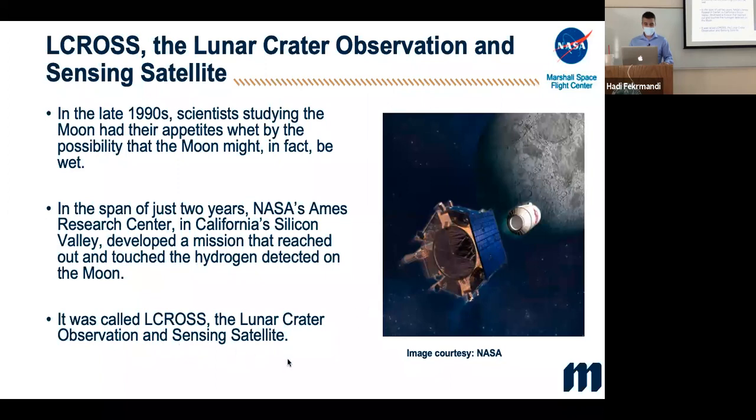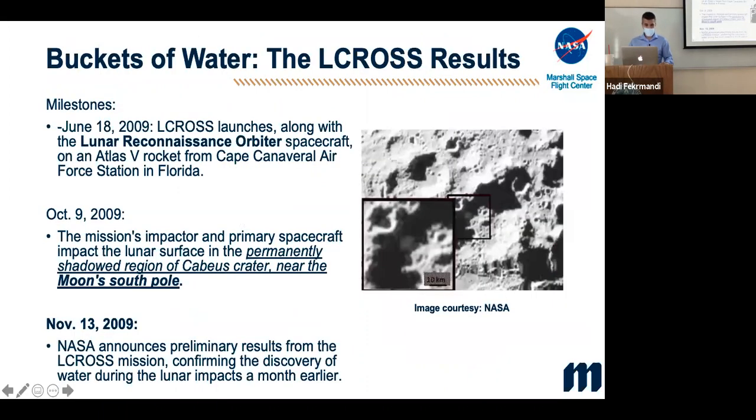The objective was to send a rocket crashing into the moon, and immediately pass by and probe the dust that had been in shadow for a long time, and evaluate its contents. This was launched on June 18, 2009, along with the Lunar Reconnaissance Orbiter, a satellite that stayed in orbit, and these two space vehicles conducted the mission.